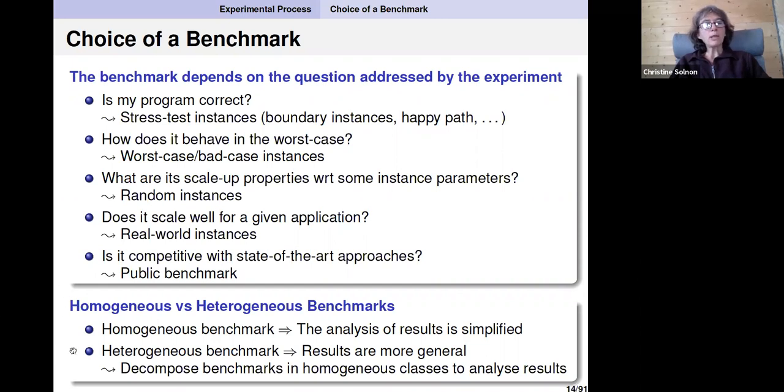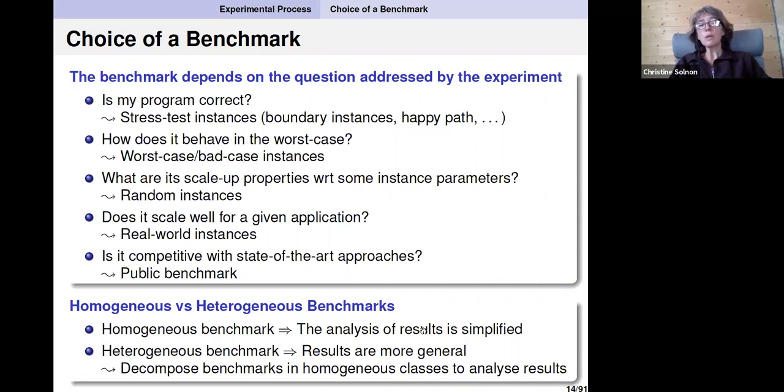An important question is whether to use a benchmark with very similar instances. We say that it is homogeneous if all instances are very similar. In this case, it simplifies the analysis of the results.